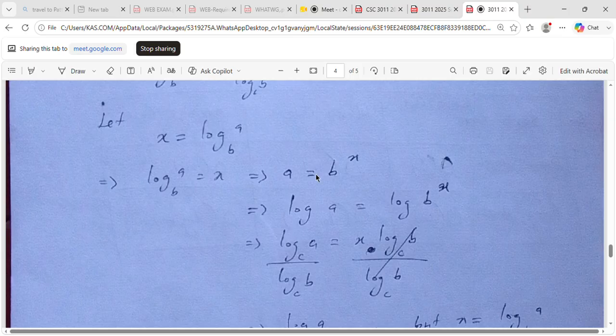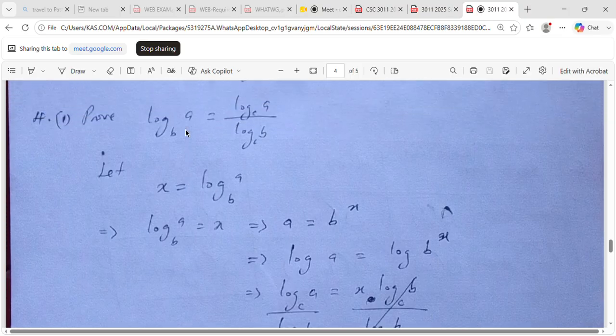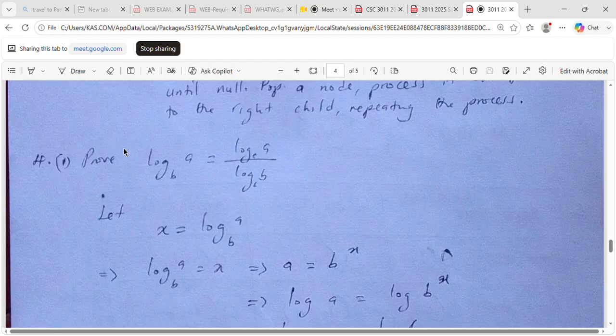Okay, so wherever we are told to prove, just focus on your left. Make some value or variable equal to what is on the left. Then this base lifts that guy. Okay, so here I just exchanged x for the log. So x comes this side, log comes this side. It doesn't really matter.